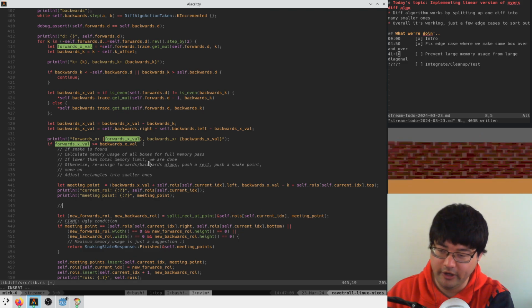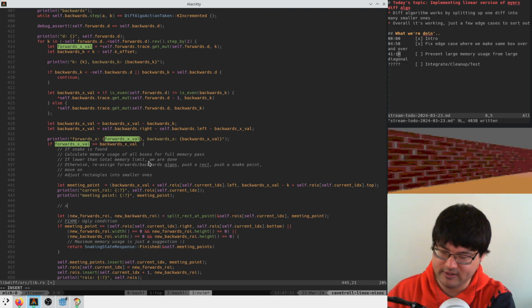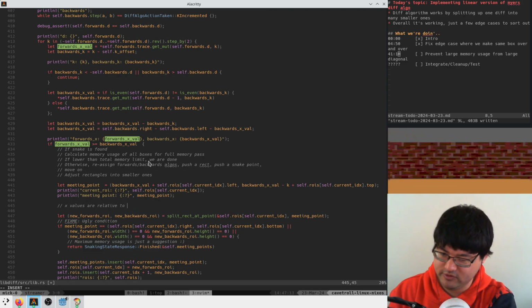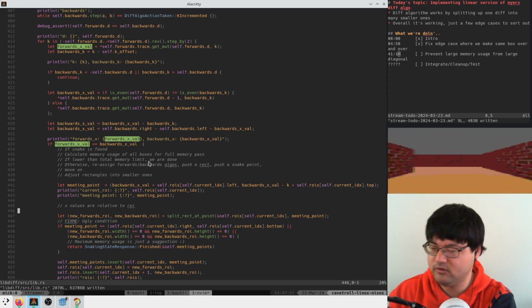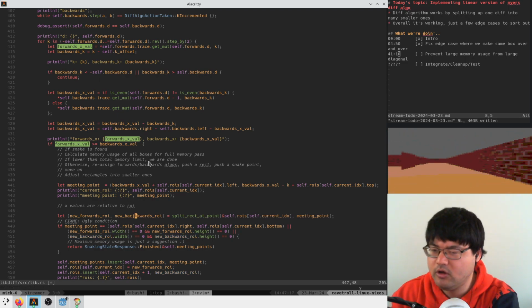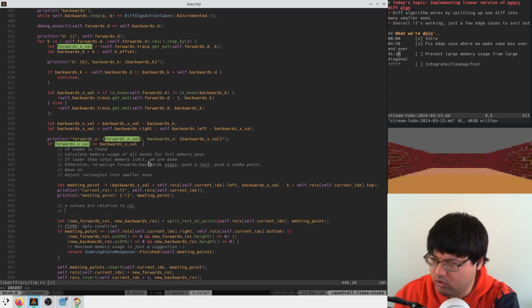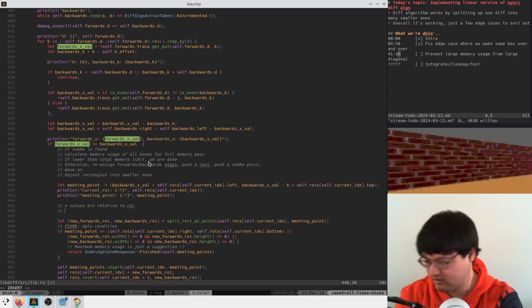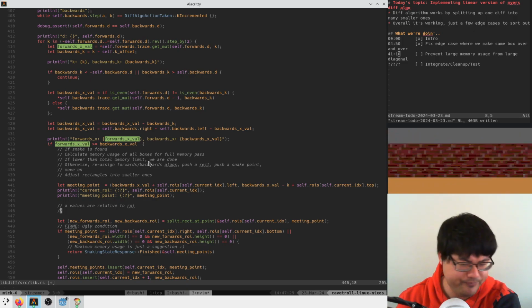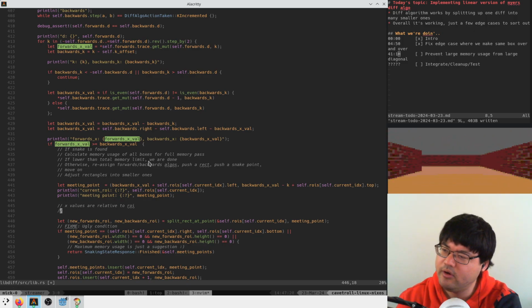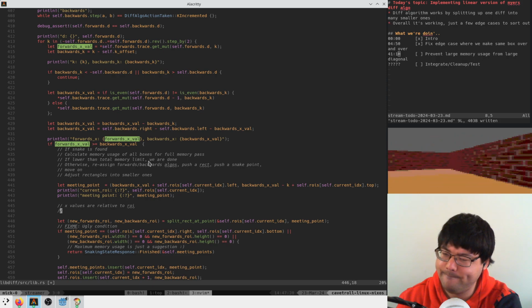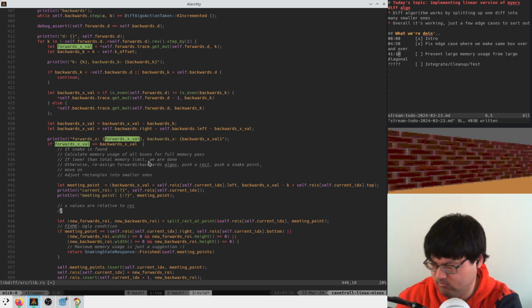So at this point, forward X values are relative to ROI. Which means that we can make our new ROI in old ROI space and then convert it to absolute space later. That seems maybe reasonable.